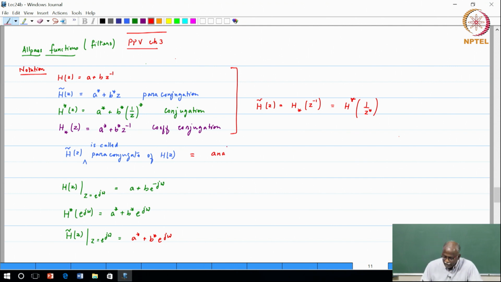So, this is the analytic extension of conjugation on the unit circle. Okay. Again, this is something that you would have studied as part of your analytic functions and properties. Even otherwise, Vaidyanathan's book gives an excellent overview of those results that we need from complex variable theory.